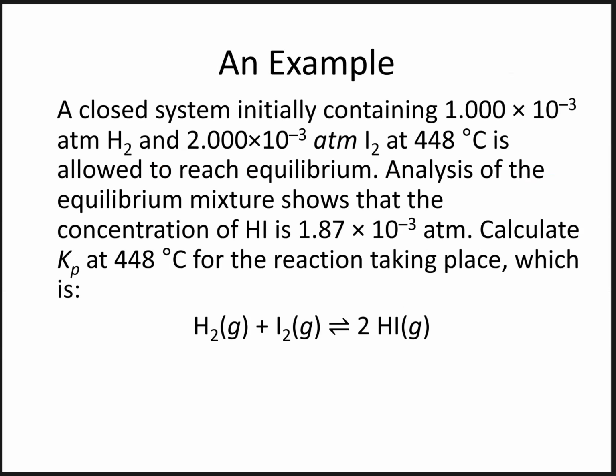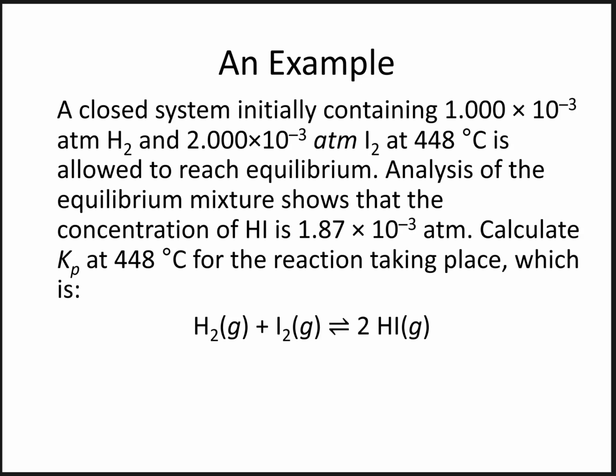So, for example, here I've got a problem involving hydrogen and iodine producing hydrogen iodide, and I have a couple of initial conditions, but I also have a final condition, which is not typical in these problems. Most of these problems, you won't actually know anything about what the concentration is at equilibrium. But to start with, we'll do this because it's a little easier to see things.